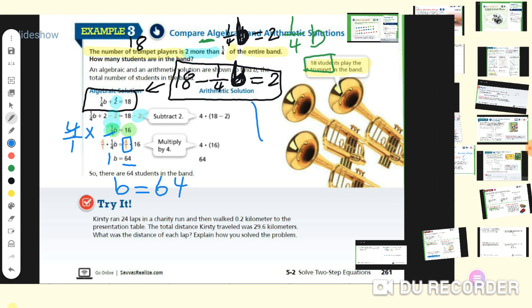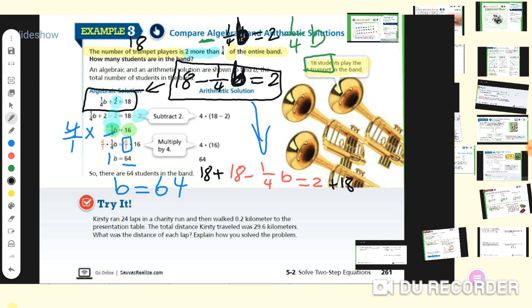Now I want you to finish with the other form. If I finish the problem with this one, I have 18 minus 1 over 4 B equals 2. So I need to finish the 18. So I will add 18 to both sides. Yes or no?